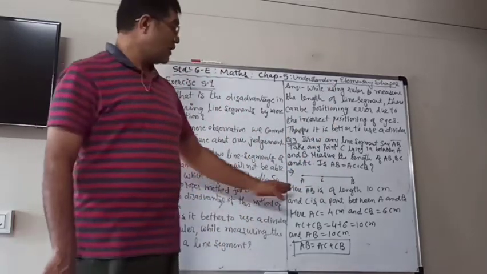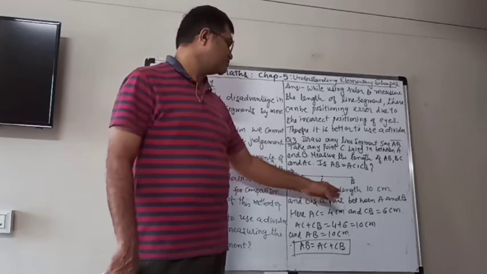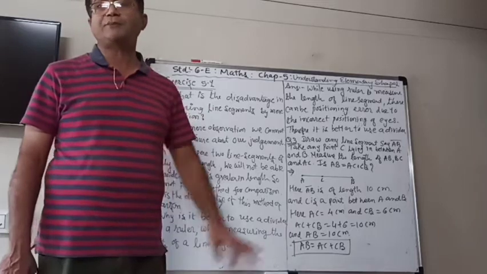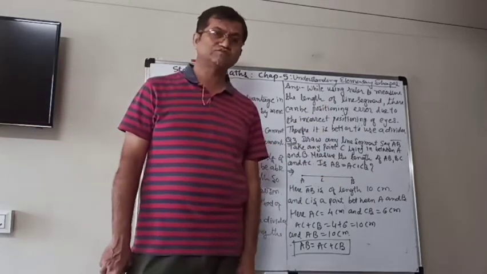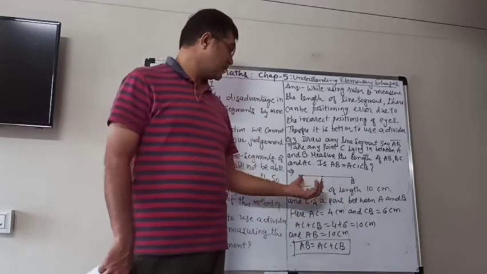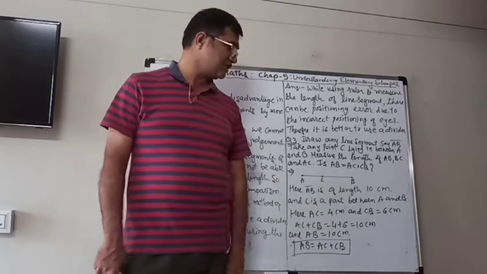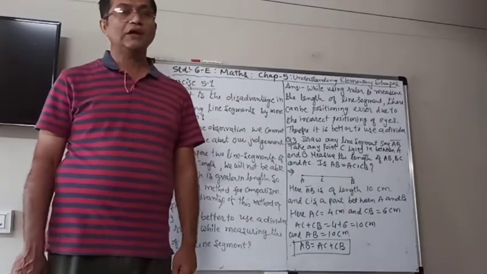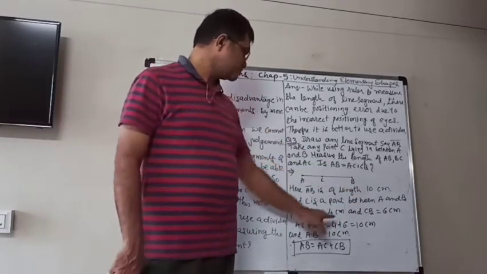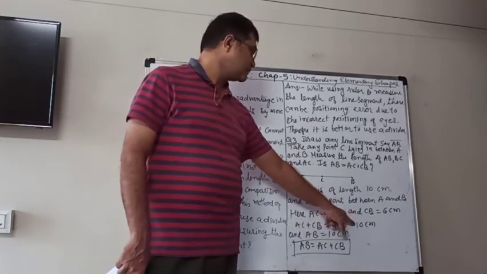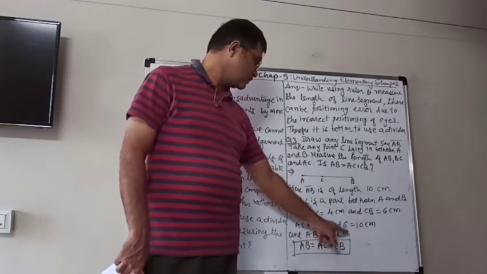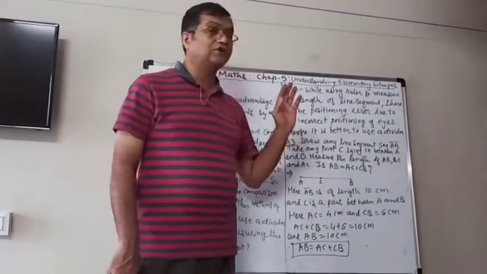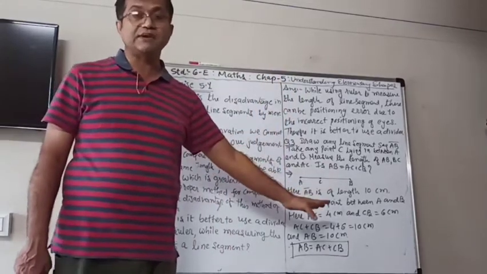Now here I draw a line segment AB and that is of the length 10 centimeter. Now I put a point C in between them, and I measure that AC is equal to say 4 centimeter, and I measured CB, that came 6 centimeter. Now AC plus CB is 4 plus 6 is 10, and AB is also 10. So from that observation we can see that AB is equal to AC plus CB.